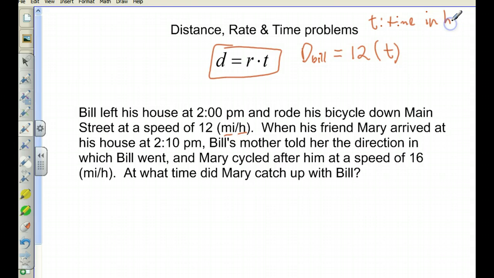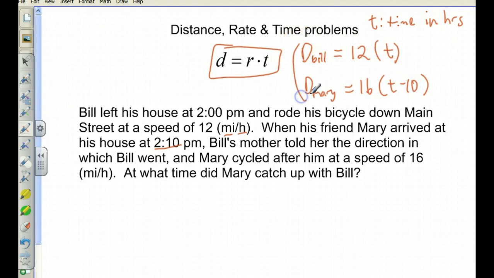It's very important that we keep it all consistent here. If this is measured in hours, we're going to do this one in hours. So that's going to come into play in a minute here. The distance that Mary went would be 16 times, and here's the key. Does Mary have 10 less minutes or 10 more minutes? She took less time. She's going faster, so I would say that would be t minus 10.